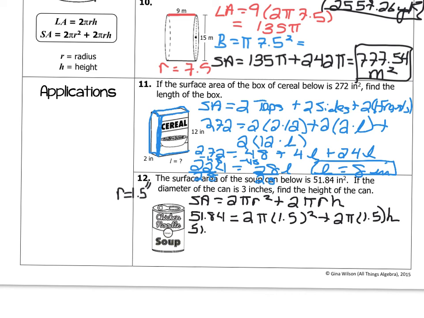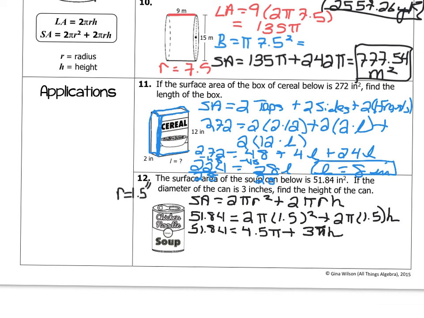So 51.84 is equal to, and let's see, 1.5 squared times 2 is going to give me 4.5 pi, plus 2 times 1.5 is 3 pi h.